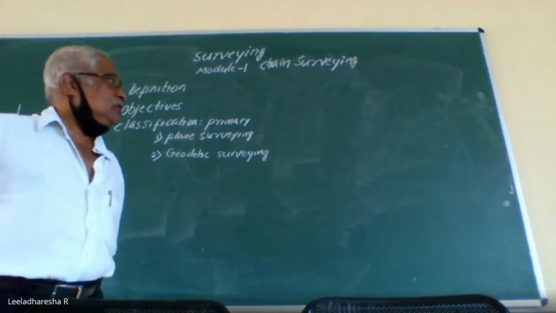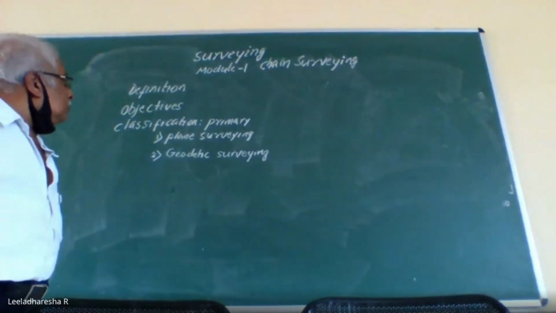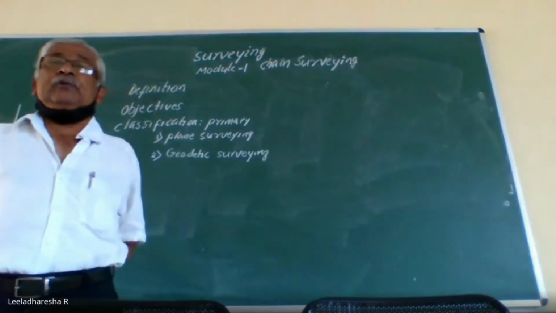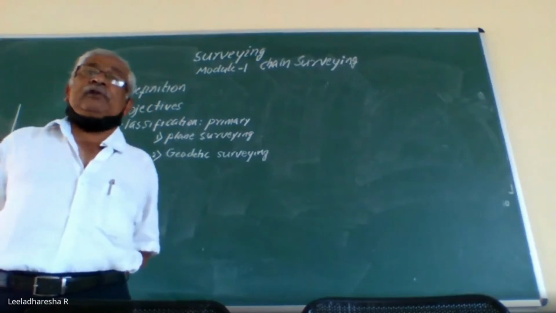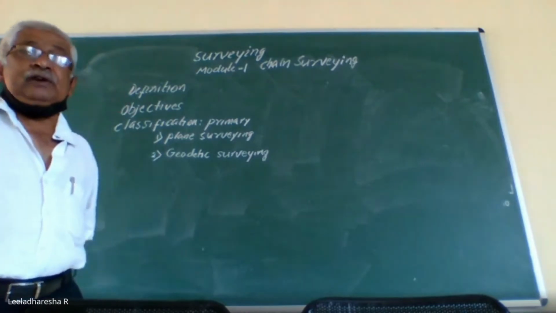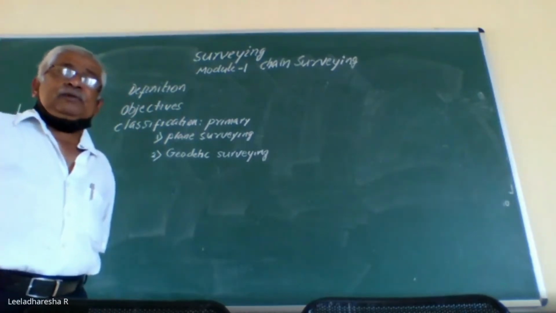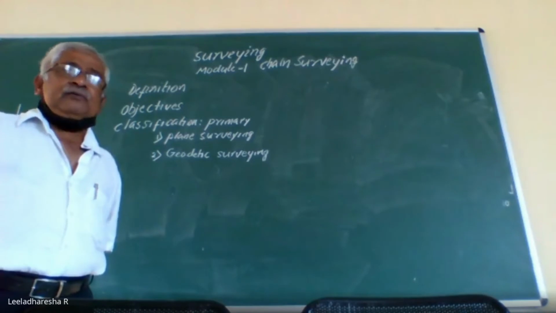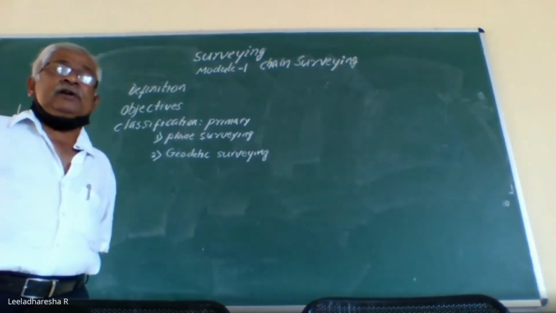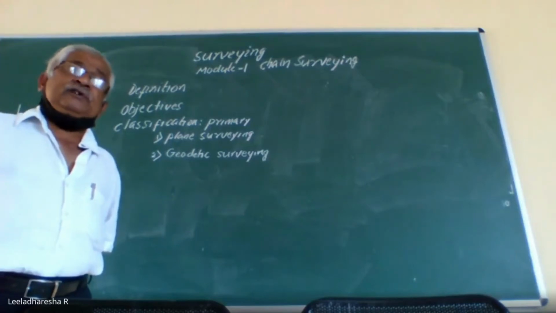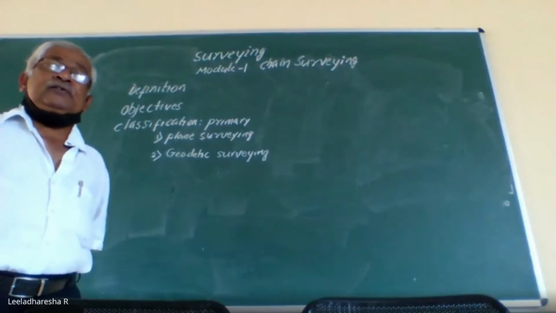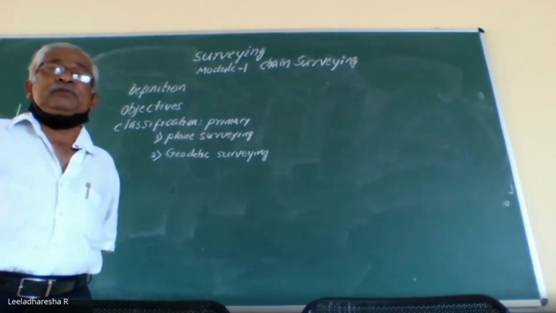So, in case of chain surveying, we will next go to the objectives of survey. Why is survey necessary for civil engineers? Before any project is undertaken or started, the first and foremost work an engineer has to do is carry out the various types of surveys.